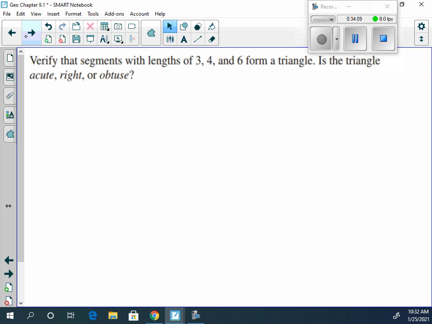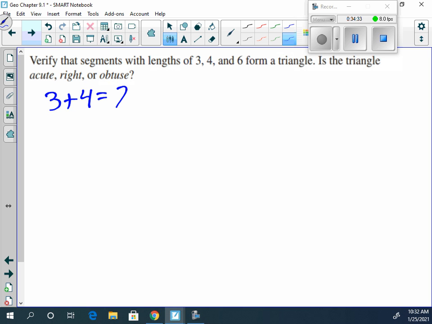Let's look at this one, the last one we're going to look at. Now, when we check to see if it's a triangle, do I need to do all three, adding two side lengths together to see if it's bigger than the third? We only have to do one. 3 plus 4 is 7. So it works, yes?